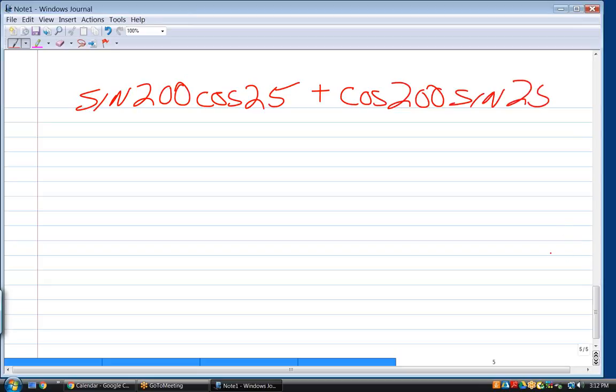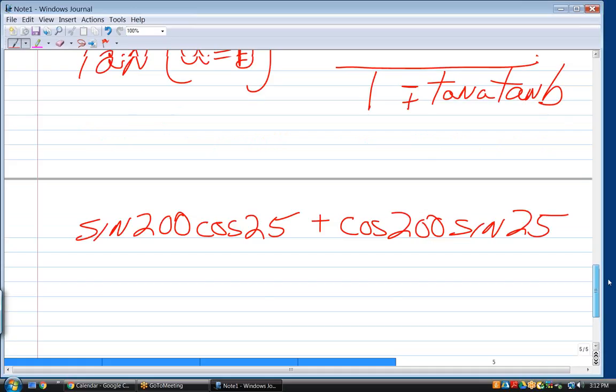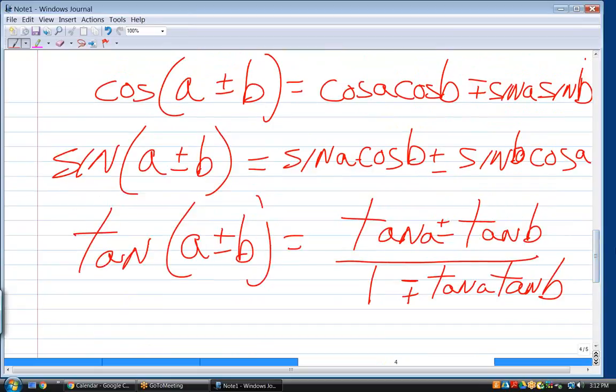Now, they want you to be able to go either way on these formulas. In other words, if they give you this one, they want you to be able to come up with that. But if you are looking at that one, they want you to be able to go backwards and notice that that's the same as the sine of A plus or minus B.